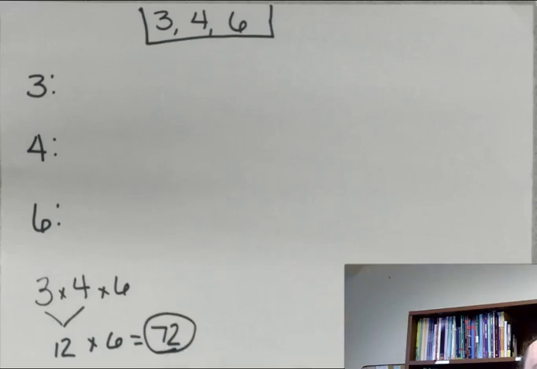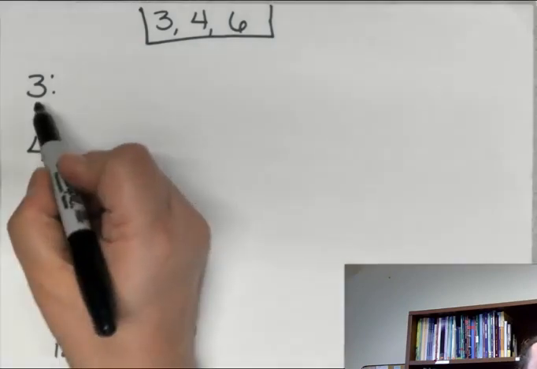And while we may say with certainty 72 is a common multiple, that's a little high to be practical to work with. So let's actually go through the process of listing our multiples and see if we can find a more reasonable number to work with.